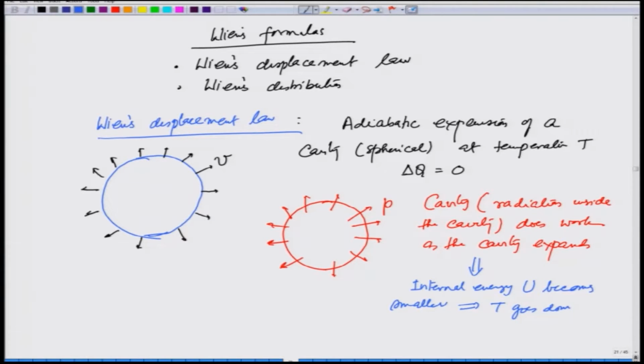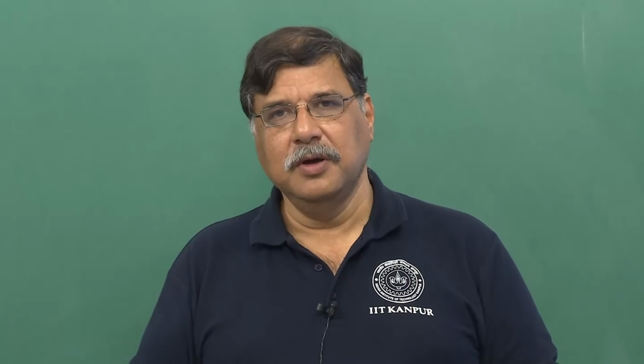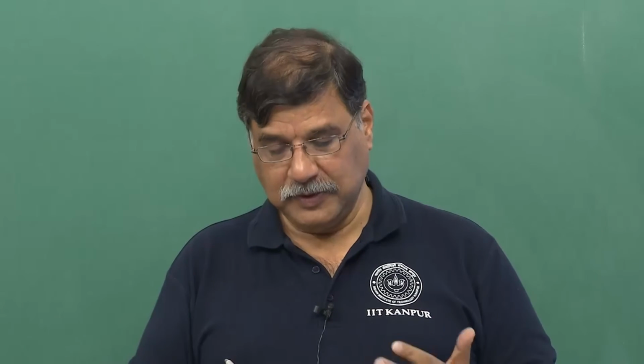Something more happens. As the radiation inside bounces around the cavity as it expands, you recall from your 12th grade physics, if light or sound reflects from a moving wall, its wavelength and frequency change.